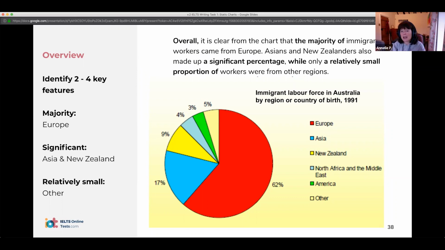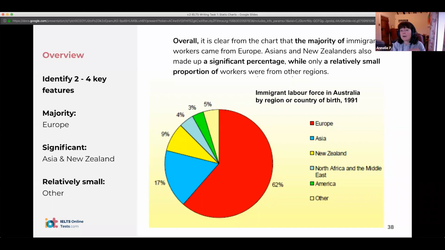And notice we're not naming those other places, we're just putting that together in a kind of lump of other regions, because we don't want to go into too much detail when it comes to the overview. Okay, so again, that's two sentences. You're not really going to need to put in anything more than that.